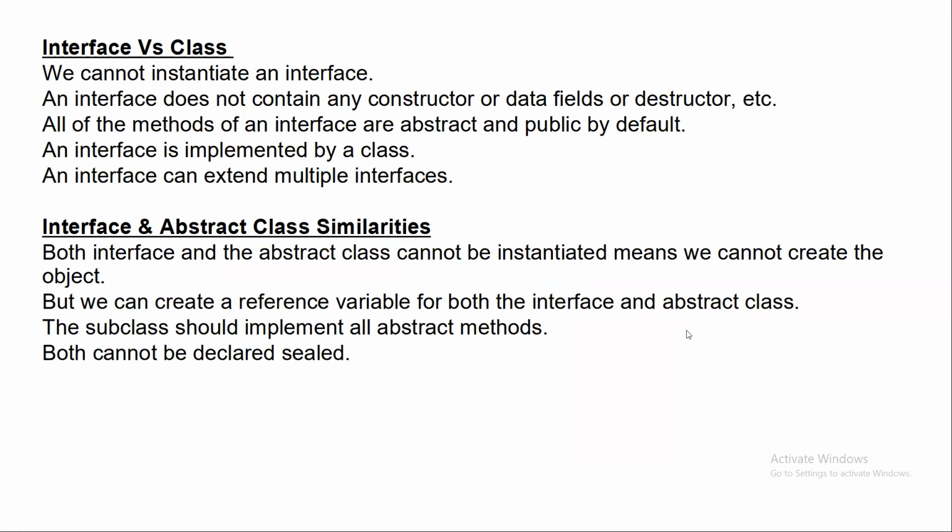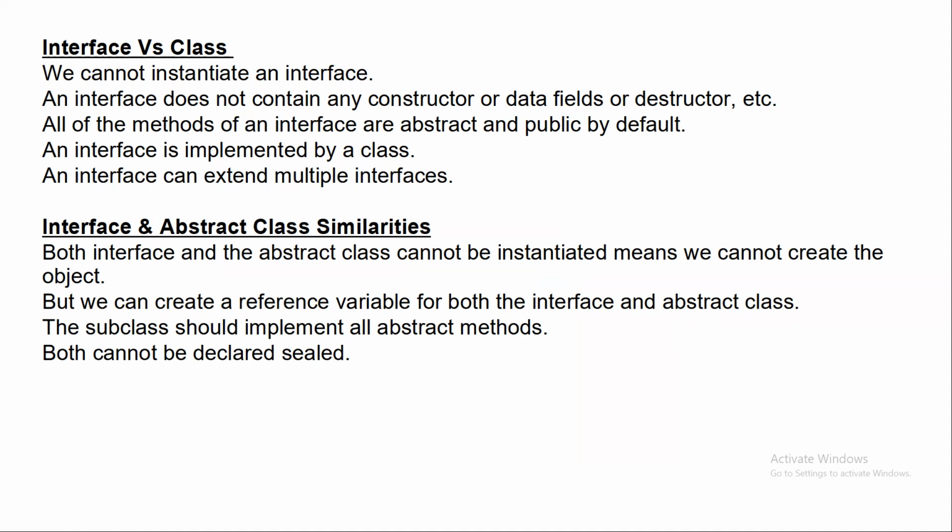Now see what is interface versus class. Like abstract, for an interface also you cannot create the object, because an interface contains only method declarations. There is no way you can directly start using the methods. That's why you cannot create any object for the interface. And as I mentioned in the previous slide, an interface doesn't contain any constructors or data members.